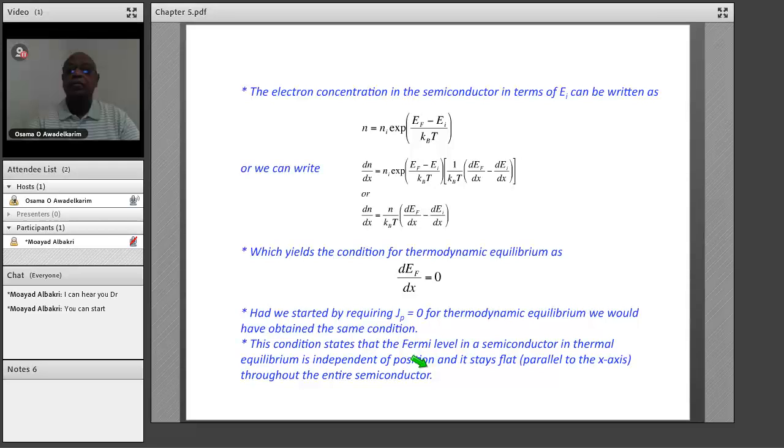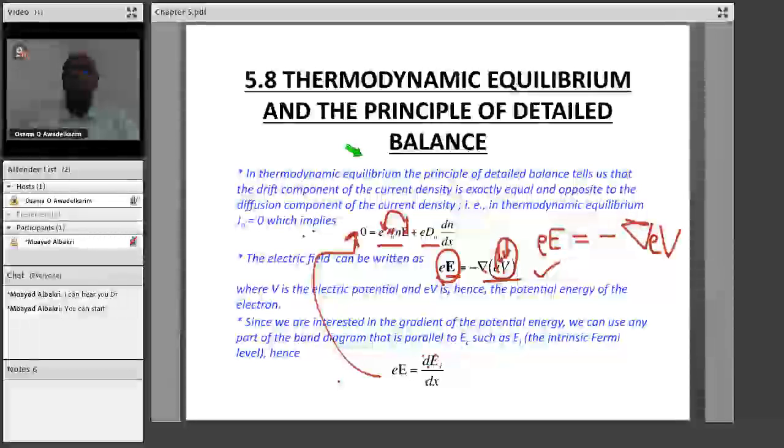And then I'll bring to your attention n. In this n-type semiconductor, n, the concentration of free carriers, we did this back in chapter 4, can be written in this form. So we can write dn/dx. Why do I need dn/dx? Because I have it here in this part. I'm going to get that from the equilibrium carrier concentration, because this equation is valid at equilibrium.